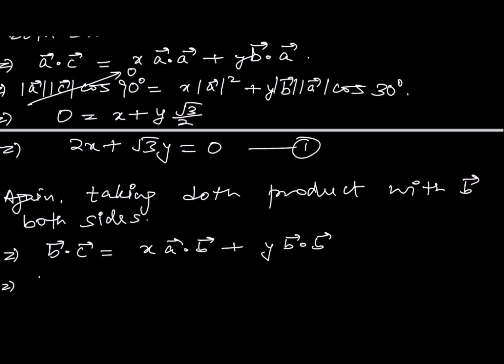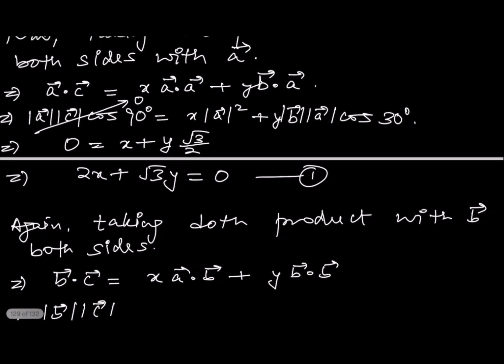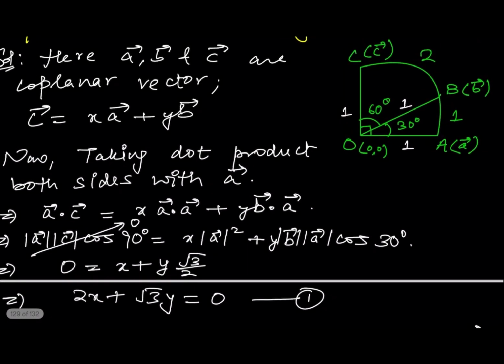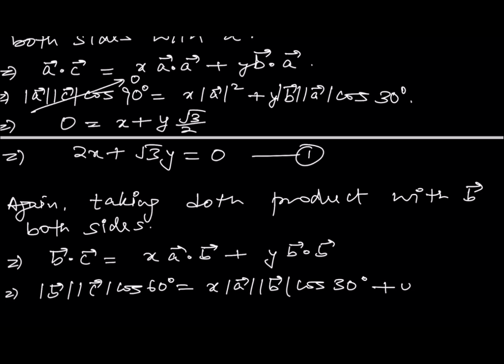Okay, so BC cos of the angle between B and C. So this is 60. So this will become cos 60 is equal to x A B cos 30 again plus y mod B square.